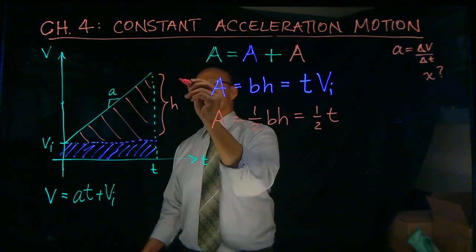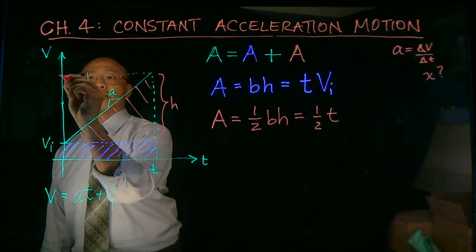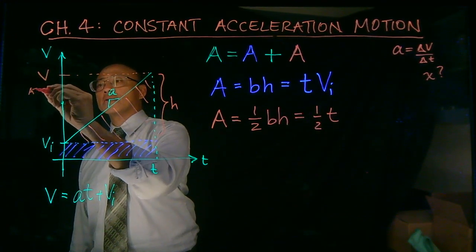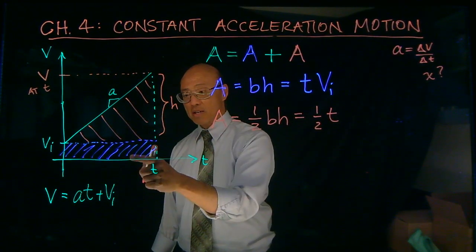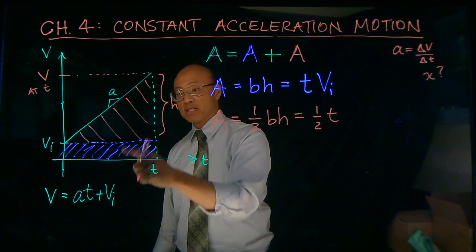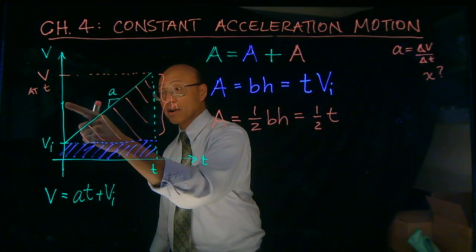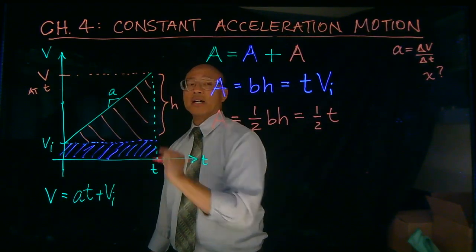And this, that's v at t. V at time t. Give me a t, I can use this equation. In this case, if my t was only over here, then my v at time t would be over here, right? But we'll use this one. That's v at time t.